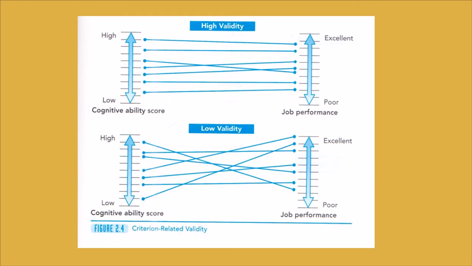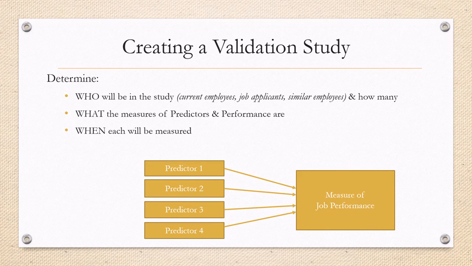There's not the ability to predict who is going to be a high job performer based on where their cognitive ability score is. And this is the whole point of having predictors for our selection procedure, is to have ones that tell us how people are going to do on the job.